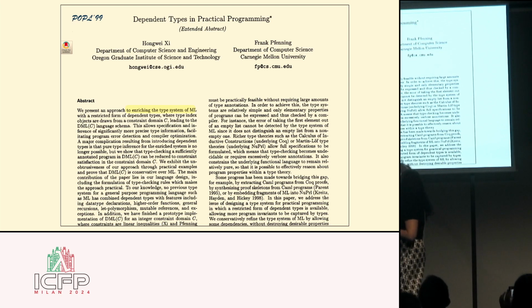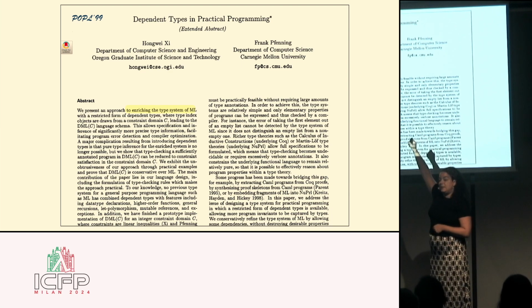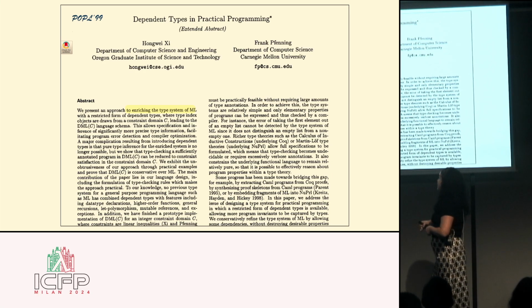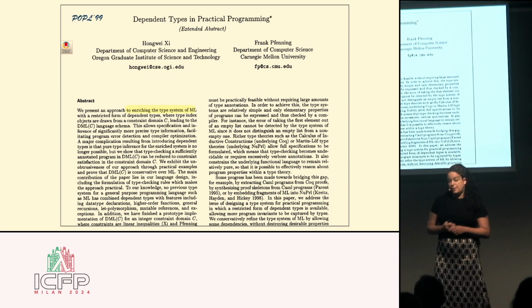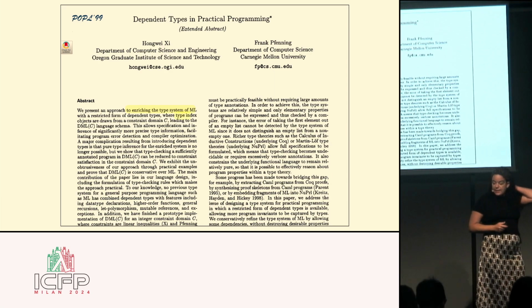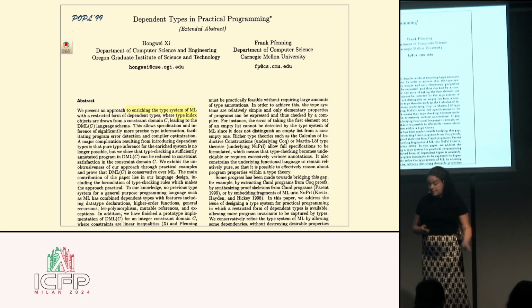And they call it dependent types, but it is a refinement type in the sense that, again, they have given the target language, which is ML, and their goal is to enrich the types of the existing programming language of ML, right? And their suggestion in 1999 is essentially described by this word, type indexes.